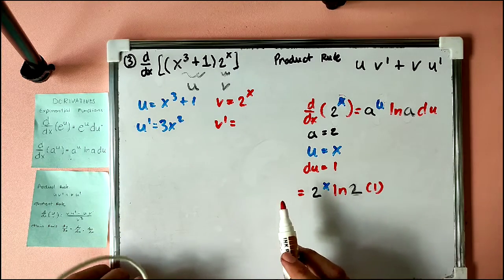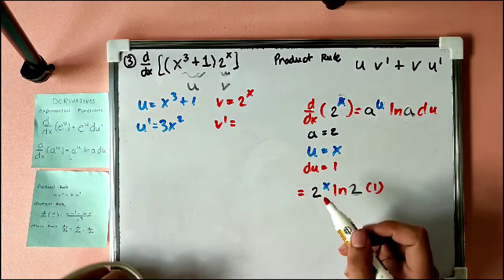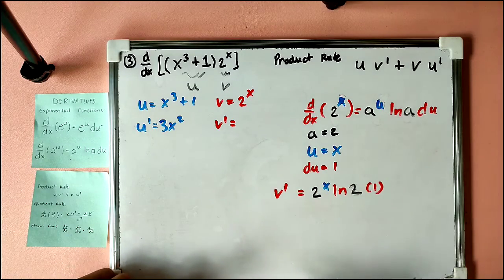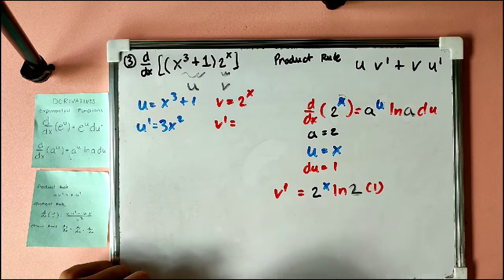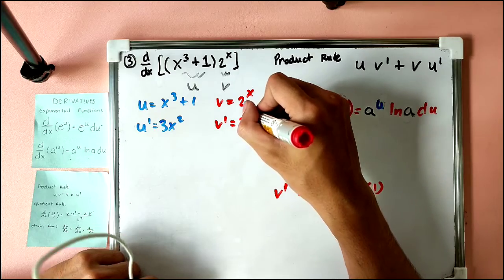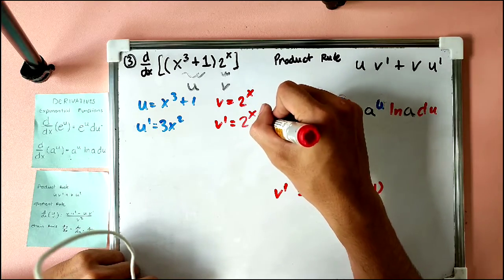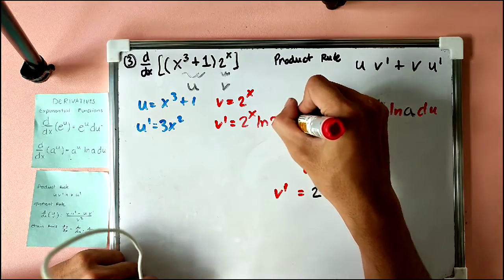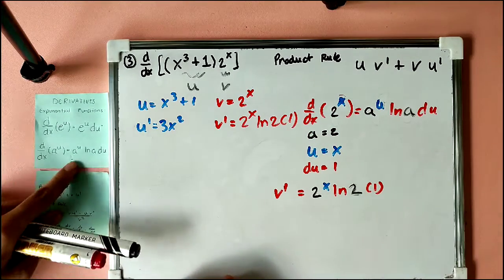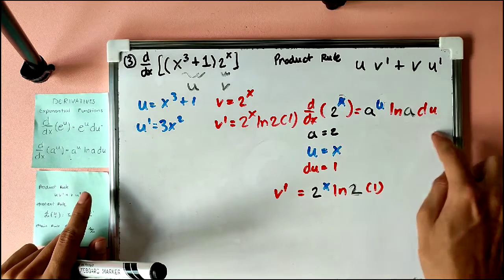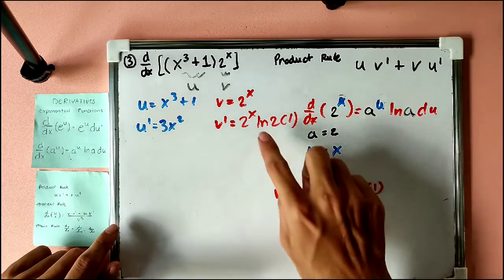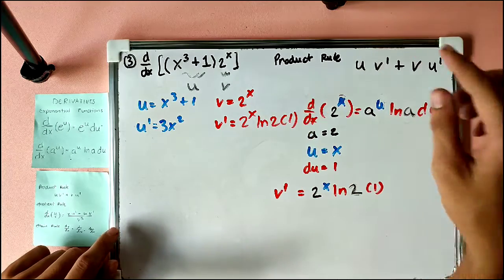So, na-derive na natin yung 2 raised to x. Kaya, ito ang ating v prime. So, isulat ko lang yung v prime natin. 2x. So, ito lang, gagamitin natin yung formula na to para makuha yung derivative ng 2 raised to x.